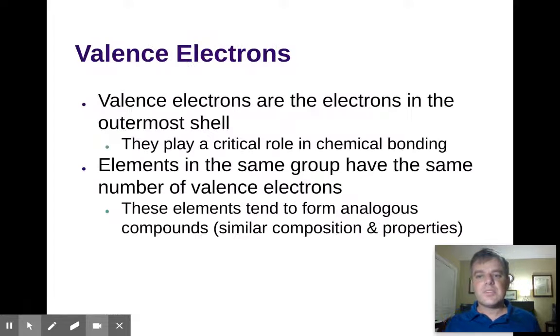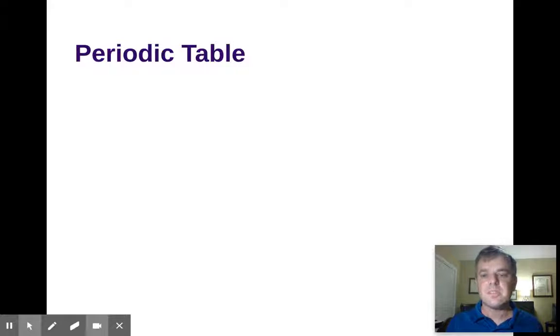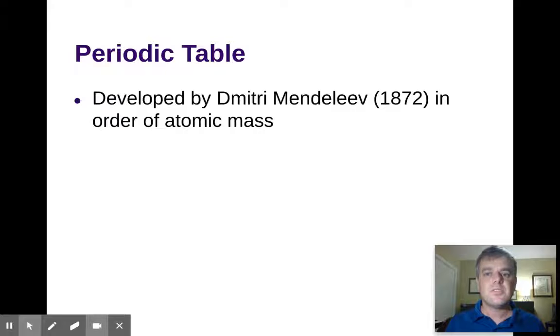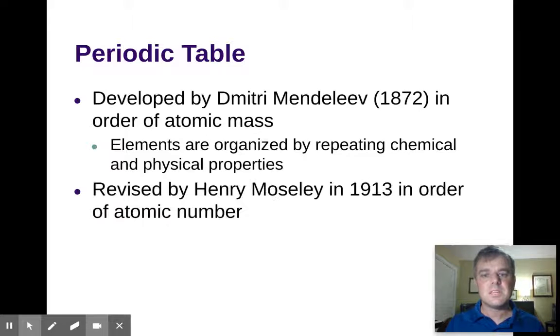The last couple things, just to make sure we cover this, is that valence electrons are the ones in the outermost shell. They're the ones in the outermost s and p sublevels. Elements in the same group have the same number of valence electrons, and so they behave similarly in chemical reactions. And last but not least, the periodic table is arranged in order of atomic number.